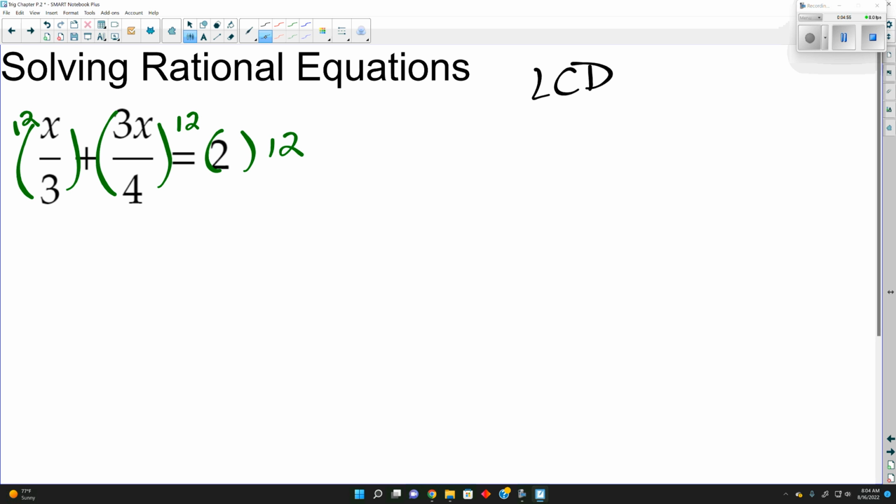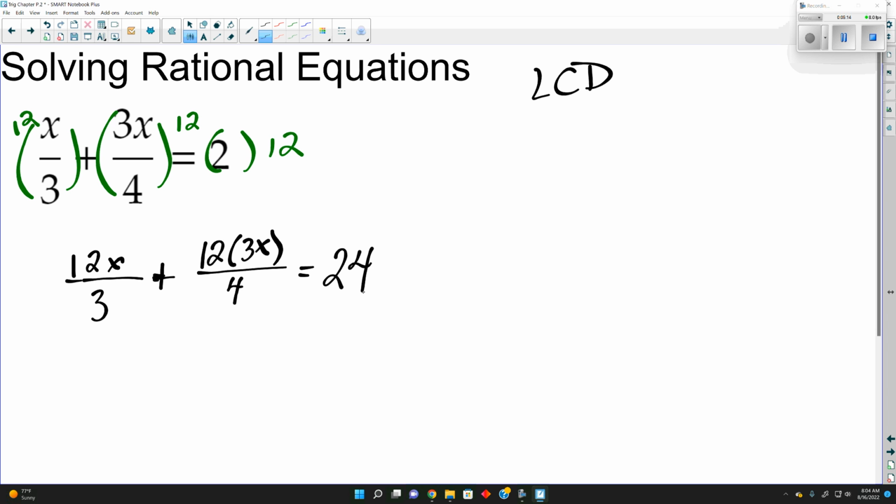Because what we have here is we multiply on top, so we would really have 12 times x over 3 plus 12 times 3x over 4 is equal to, well, 2 times 12 is 24.